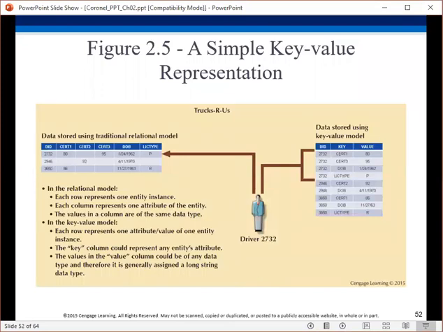And so here we see a simple key value model. You have the driver ID, and you have their date of birth and their license type, certifications for driving certain types of trucks.